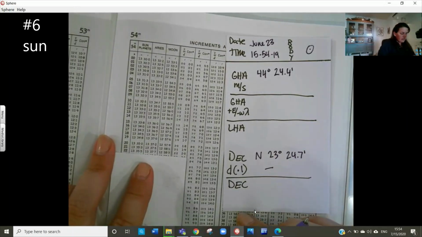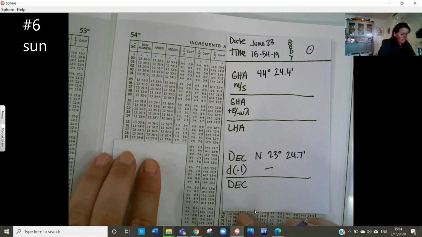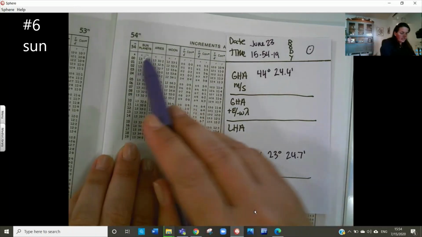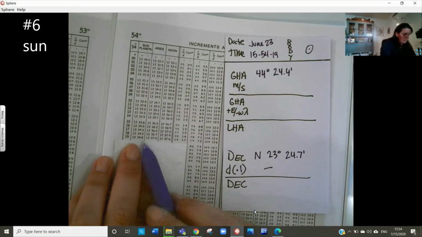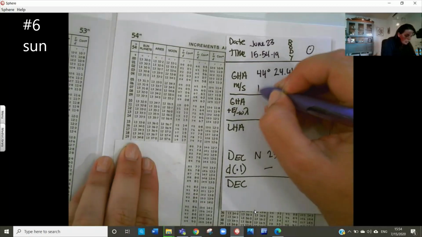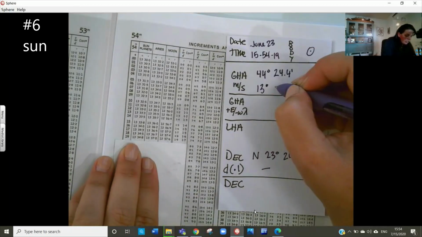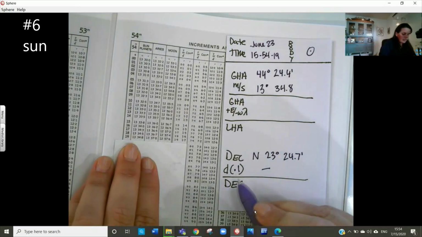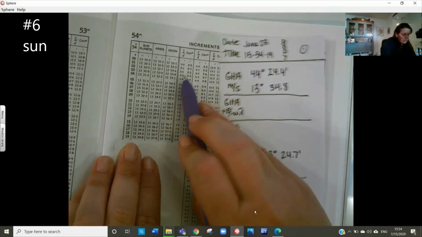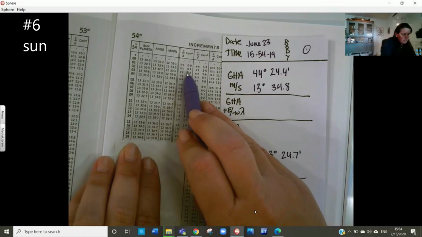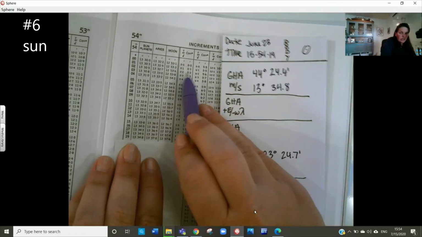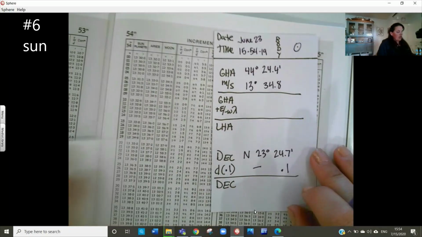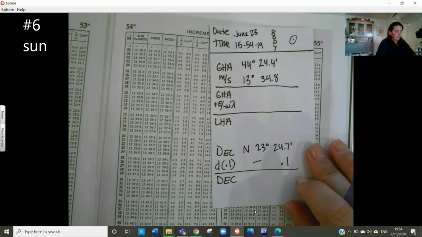And we are at 54:19. So here's our 54:19. We're the sun. So we're going to be at 13 degrees, 34.8. And then our little d was 0.1. So we have 0.1. Our correction will be 0.1. And now we plug in our numbers.